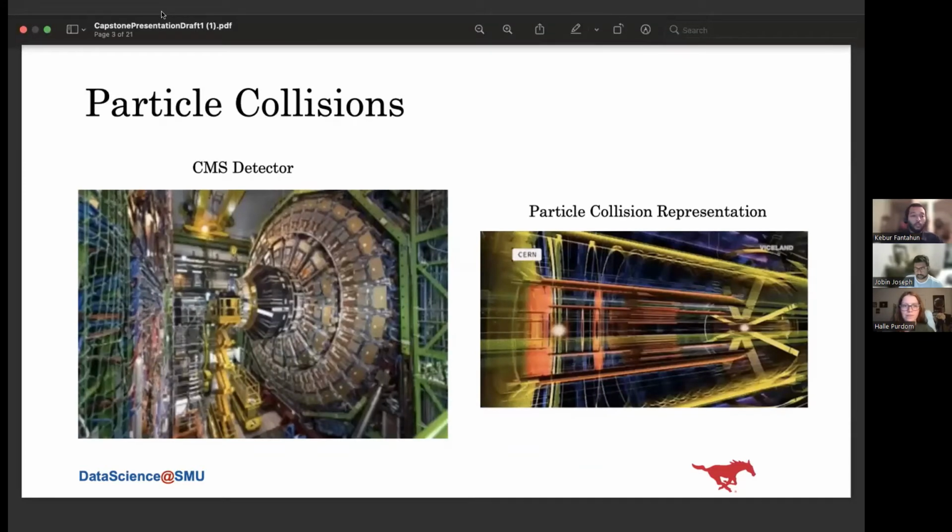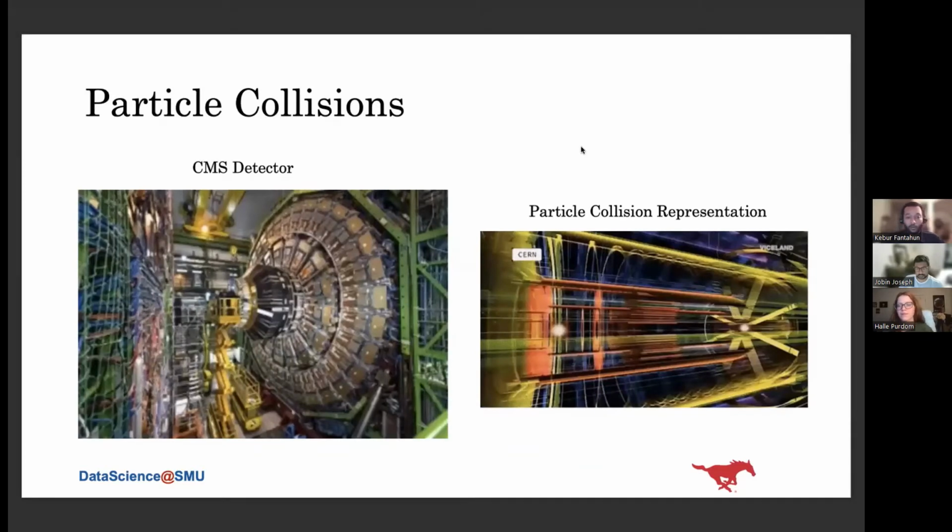Now that the stage has been set for where our data is created, we can talk a little bit about the process of how the data comes to be. The detector you see on the left is one of the 4 that you saw earlier as part of the LHC. It's called the CMS, or the Compact Muon Solenoid. This is the home to where our data comes from.